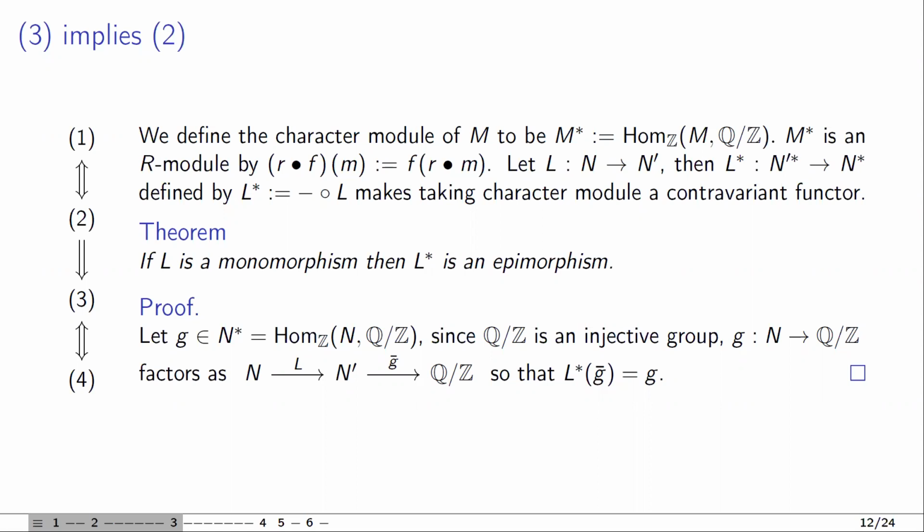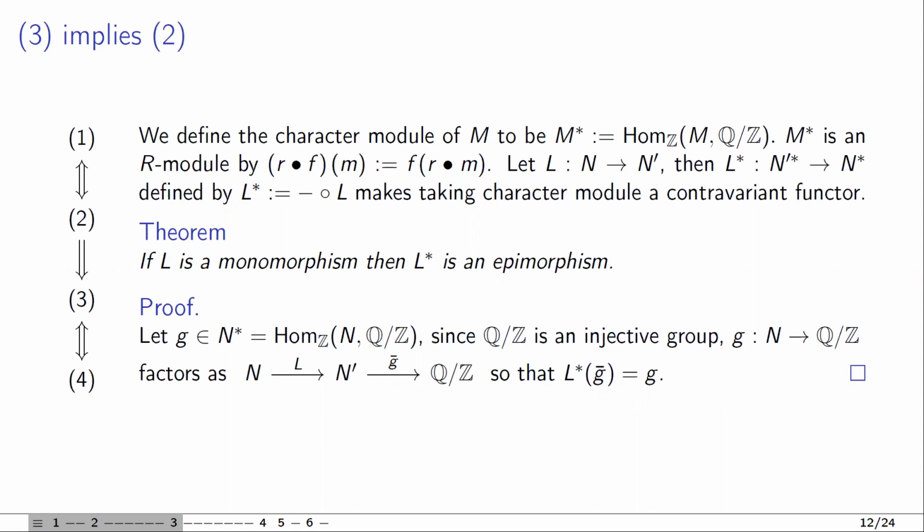So we first define what a character module is. For an arbitrary R module M, the character module M star is just all the group homomorphisms from M to Q quotient by Z. And this M star has an R module structure by defining R times F to be the function that sends m to F of R times m.